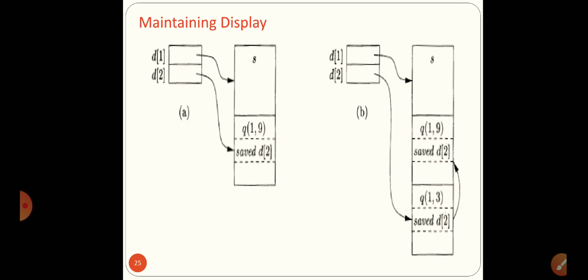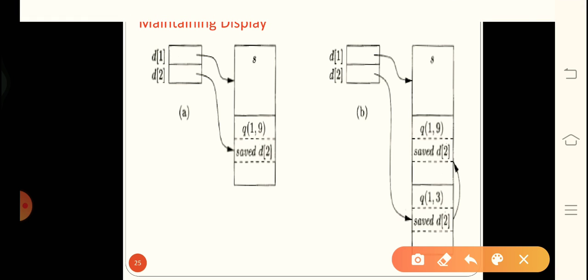So here we are using some data structure for allocating memory. Since it is a dynamic technique, we'll make use of a linked list. The first one stores the total number of elements 1 to 9, whose address is stored in D1, and then the status is saved in D2.